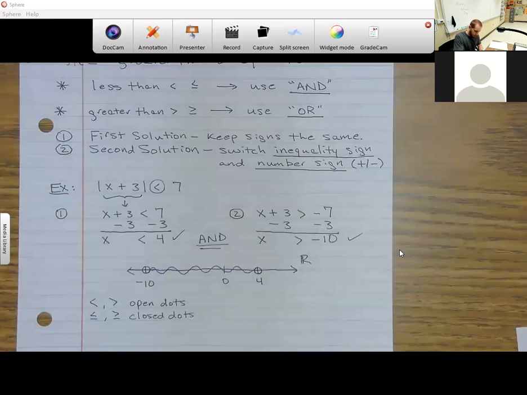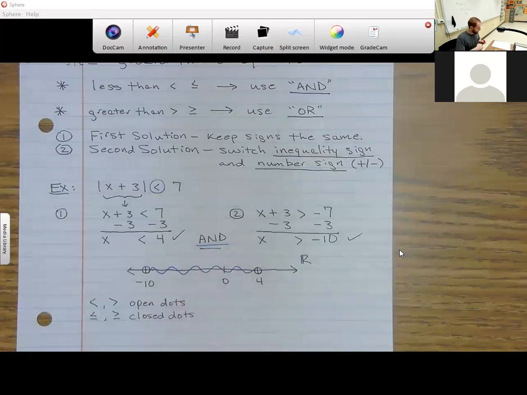Okay, so the next example is going to be pretty much the same, but I'm going to use a greater than or equal to symbol. And you'll see what I mean when I put it up there. One thing I'll say about this before we move on, when you have the "and" symbol, they're always going to meet in the middle.